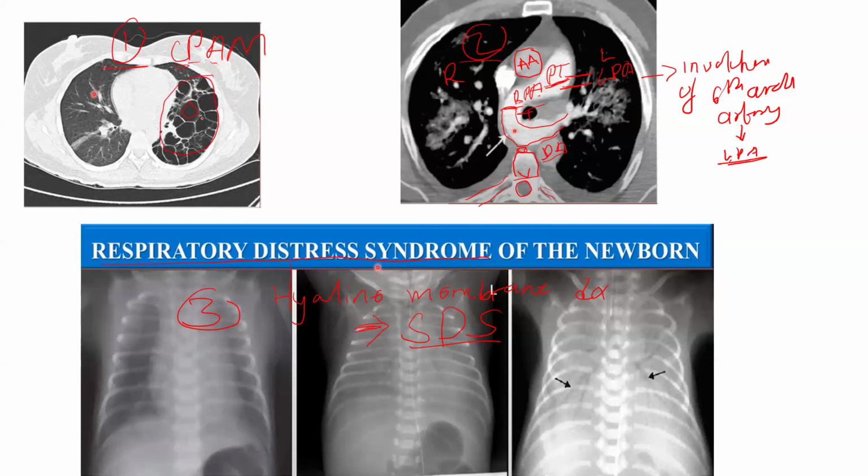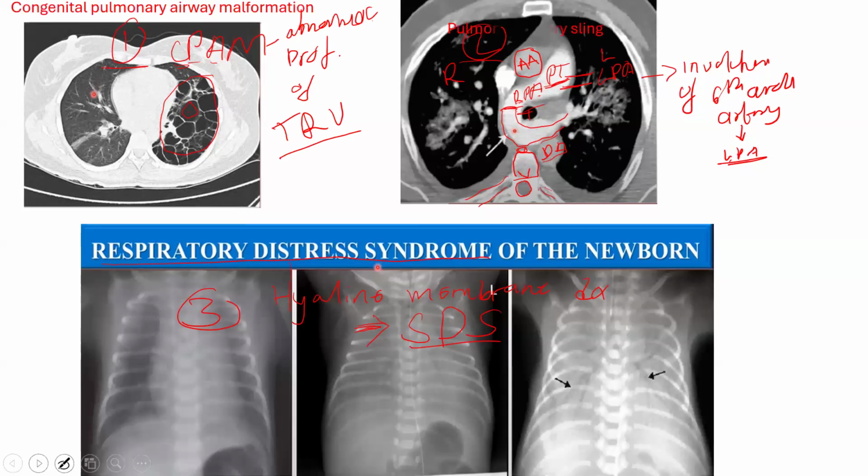So there is abnormal proliferation of the terminal respiratory units. I think those are the anomalies.